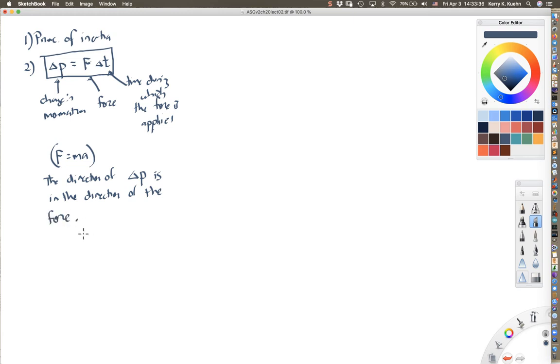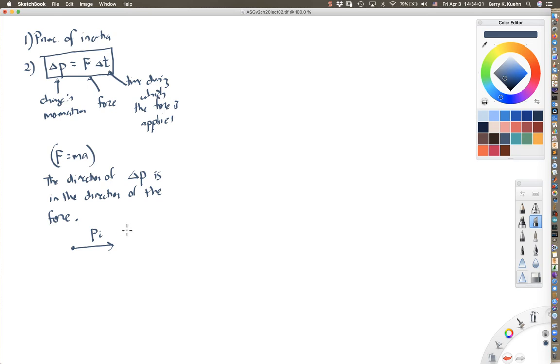Okay, so for example, this is going to be a really important point, especially for this lab. If you have an object that has a momentum that's initially going in this direction, I'm denoting this by an arrow. You might think of the length of the arrow as denoting how big the momentum is, like 10 kilograms meters per second, and the direction as the direction it's going, maybe headed due east.